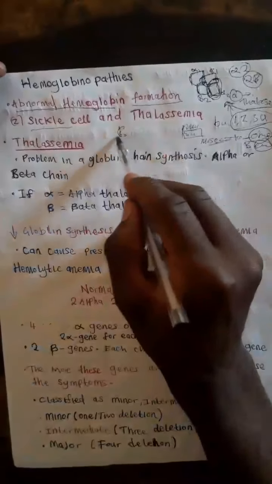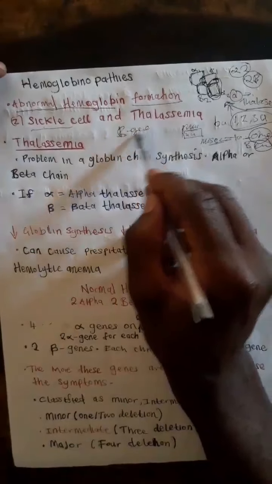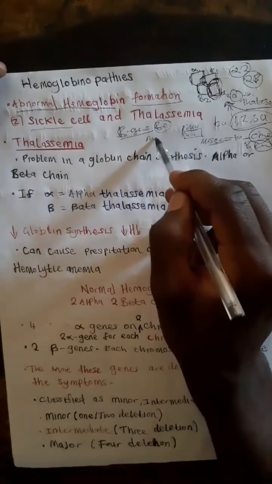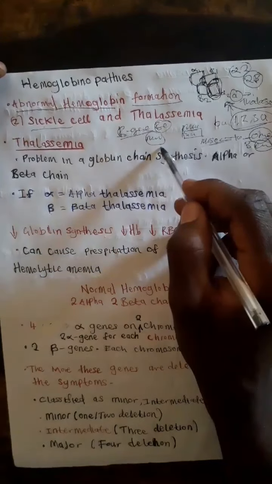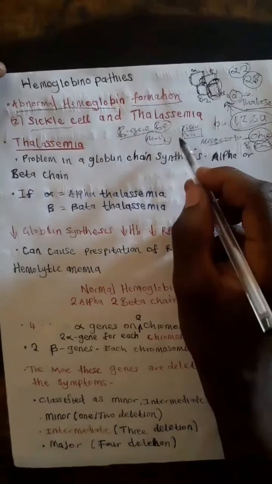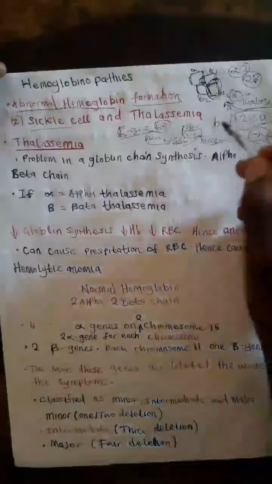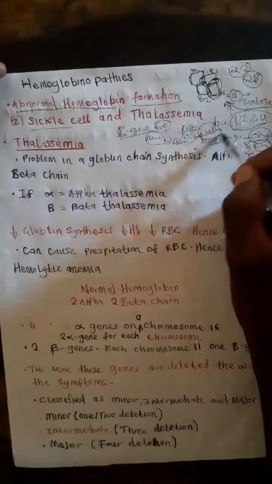Basically, for the sickle cell, it is the beta gene that becomes mutated, such that 1 glutamine is changed to valine.